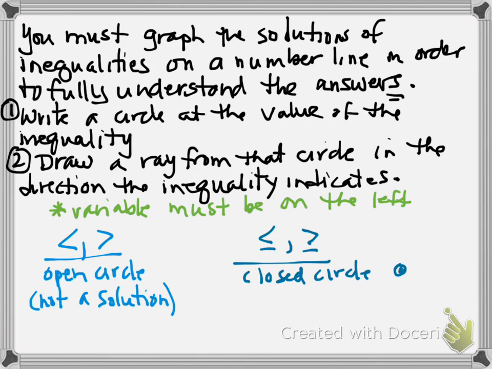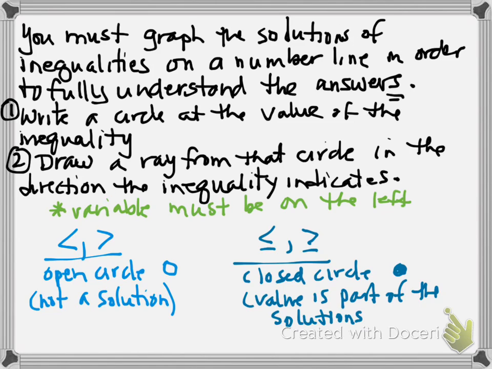So here's your circle, and then I'm closing it. That means the value is a solution. There it is, part of the solutions. And again, this guy is just an open circle like that. Okay, so that's one way they pair up. It has to do with having that little extra line or not having that little extra line.